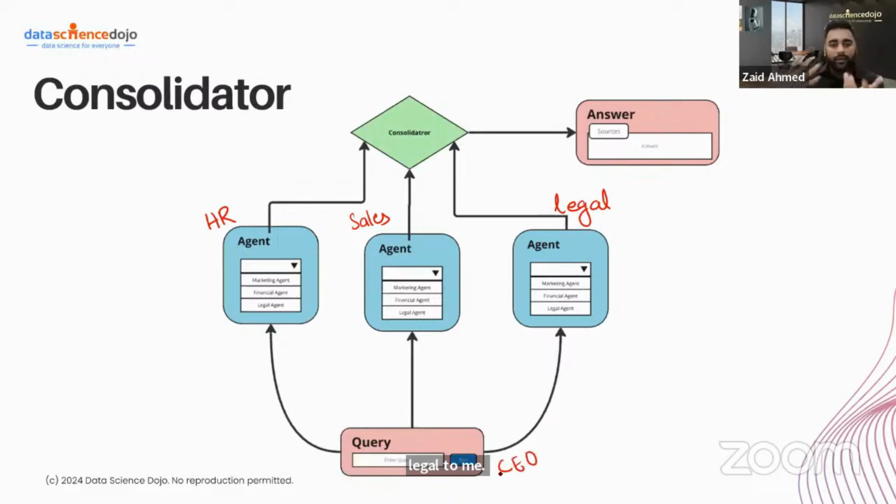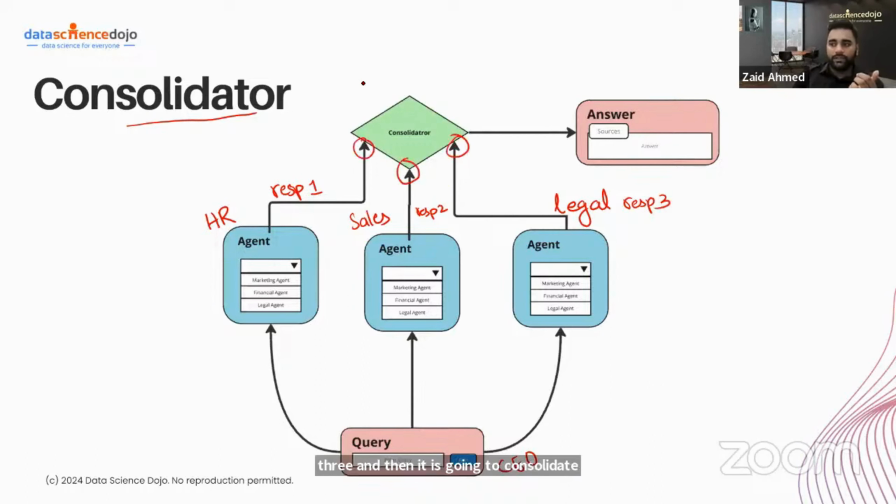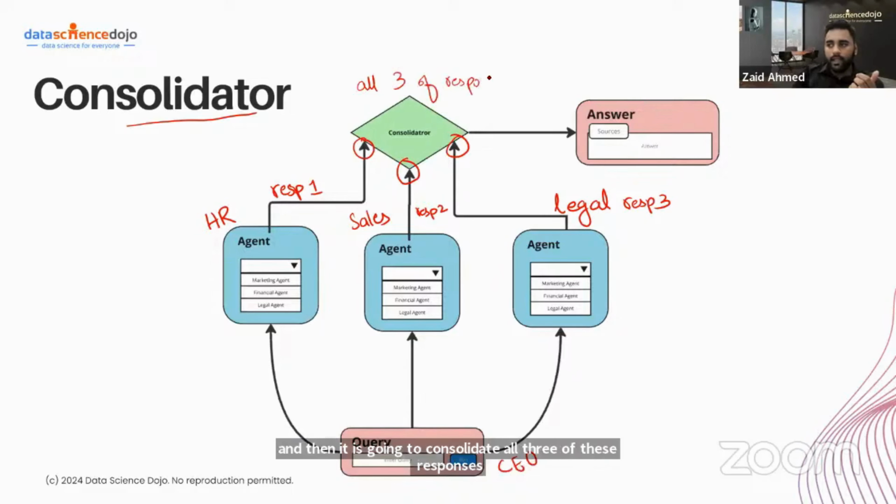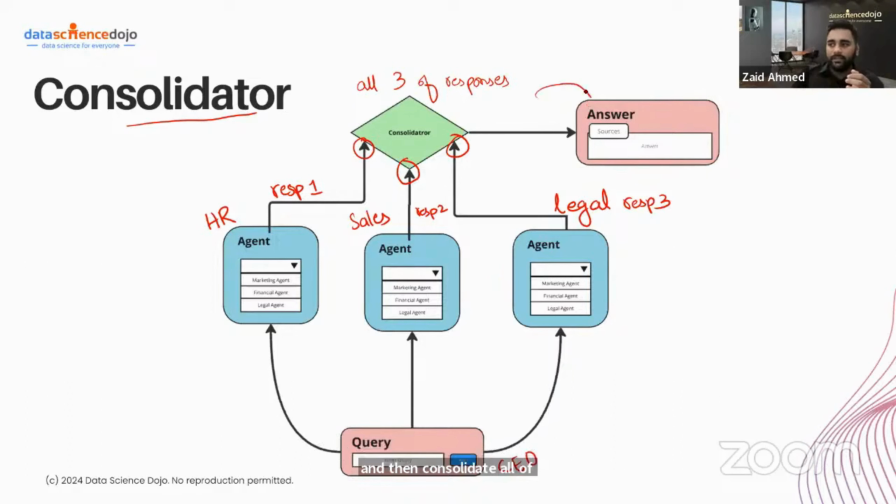And what if the CEO asked, what was the cumulative investment we did in our sales team, with our legal team, with our HR team? This consolidator would get the response from agent one, from agent two, and from agent three, and then consolidate all three of these responses, and then you get the final answer.